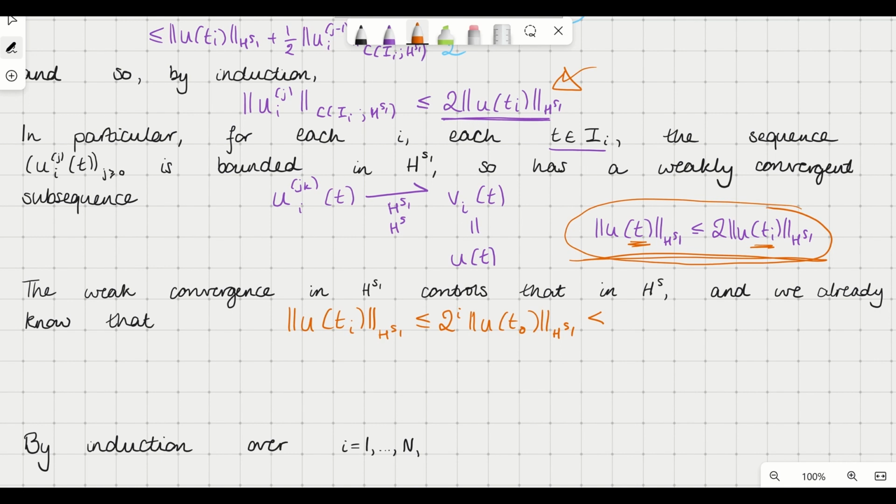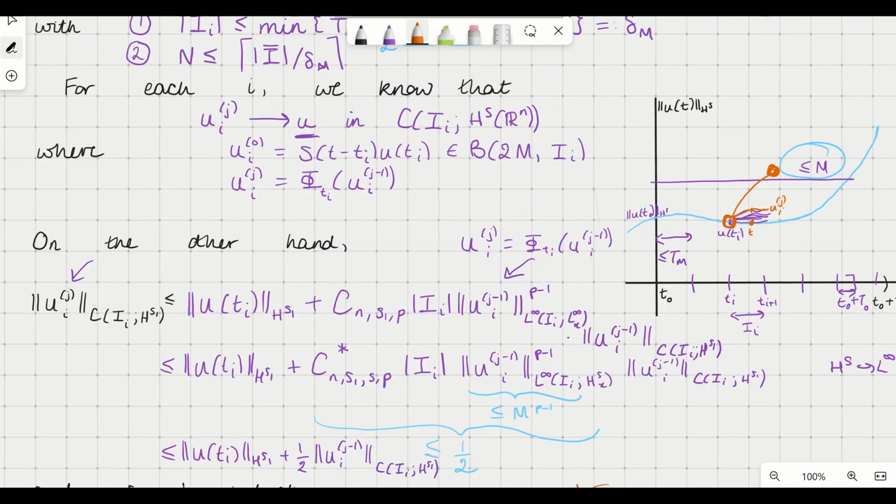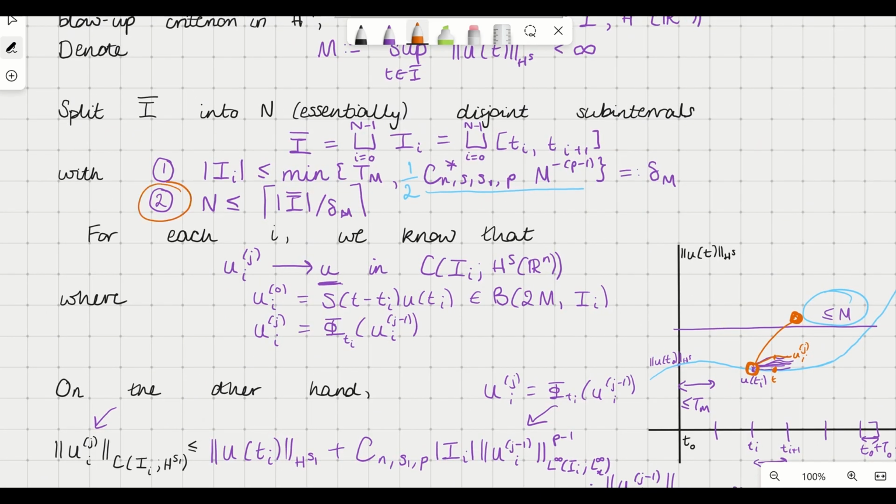And so even better, the number of intervals was bounded by capital N, and that capital N, if you go back up and check, depended only on the width of I and capital M, so the size of the solution in HS.